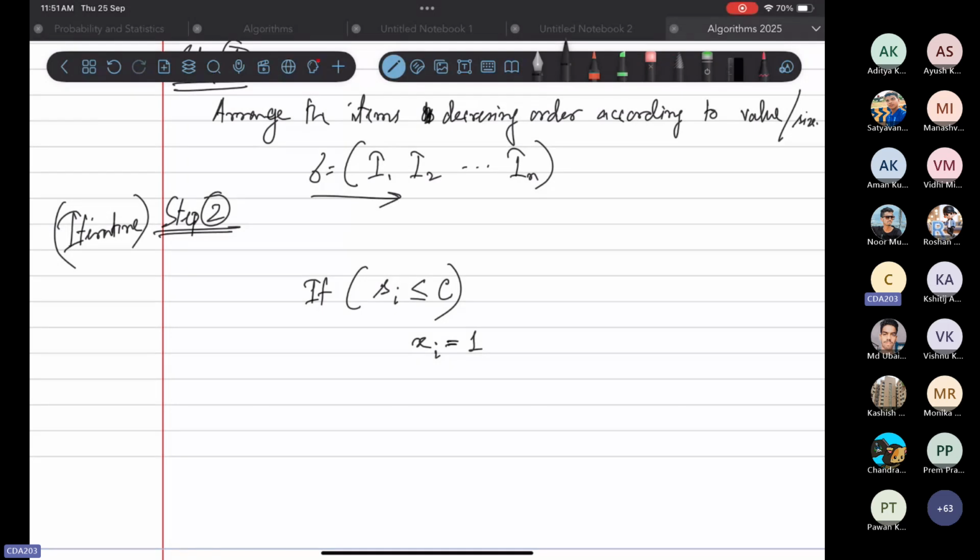I'll only set the value of the fraction that we are choosing. xi is 1, that means I'm choosing the complete item, and once I am choosing the whole item, its contribution to the value will be whatever the vi is. The value can be chosen as a whole, right?